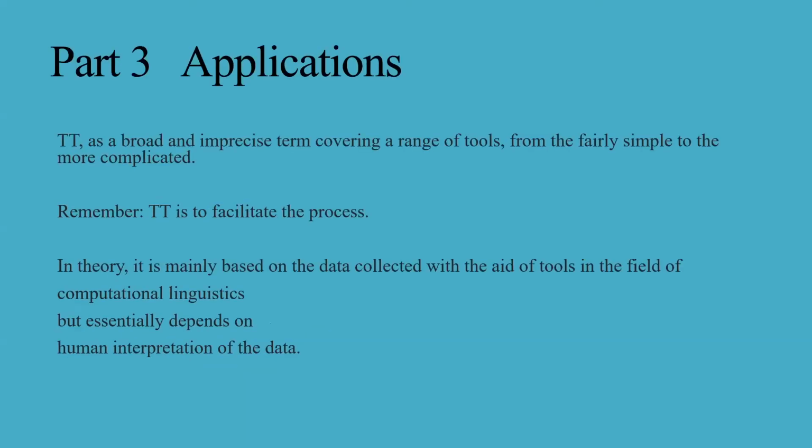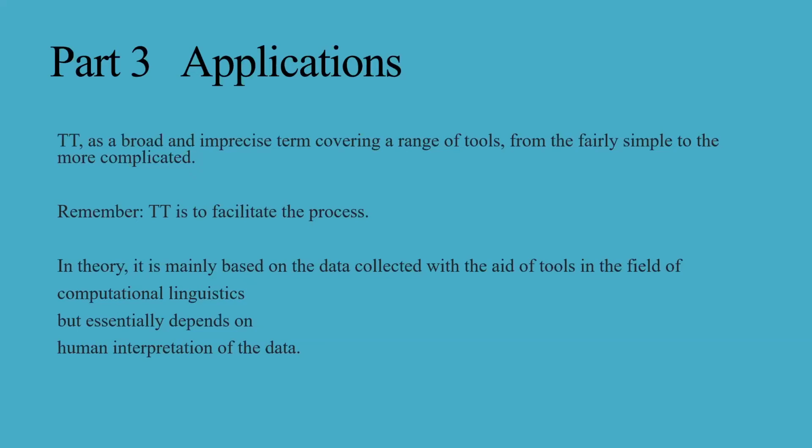The third part is about applications. This is more or less from my own perspective and personal experience. TT is a broad and imprecise term covering a range of tools from the fairly simple to the more complicated. One thing to remember is that TT is to facilitate the process. It's not going to replace the human translator.